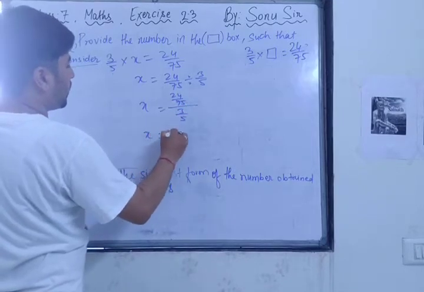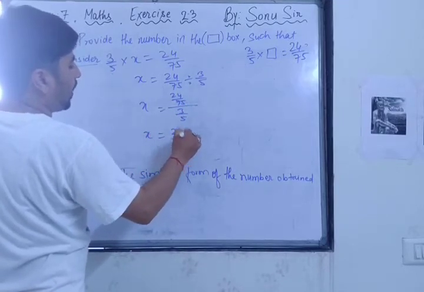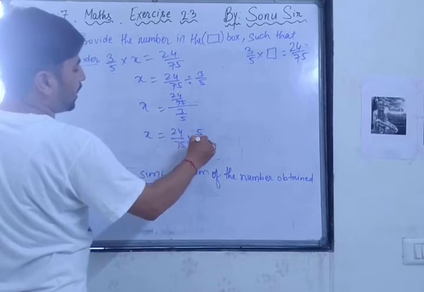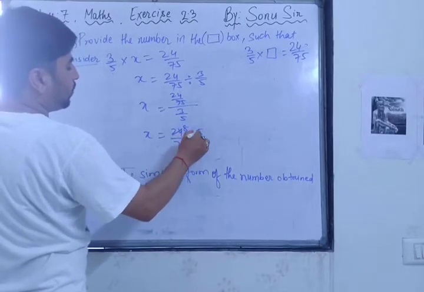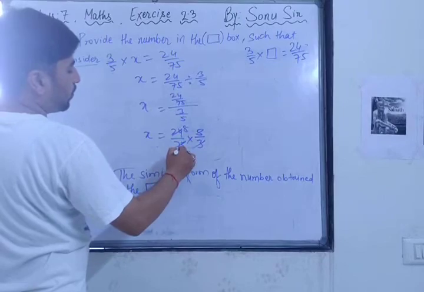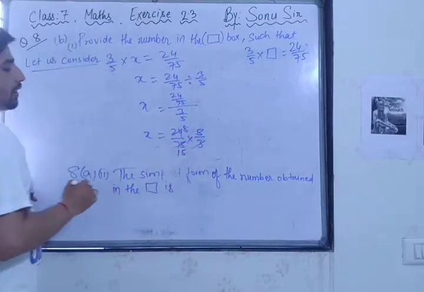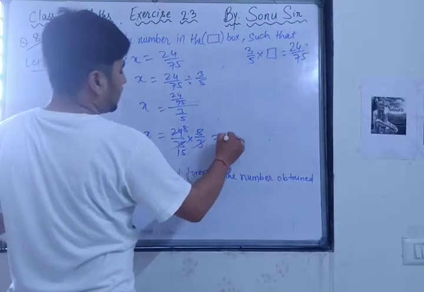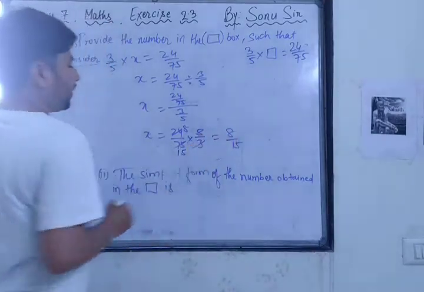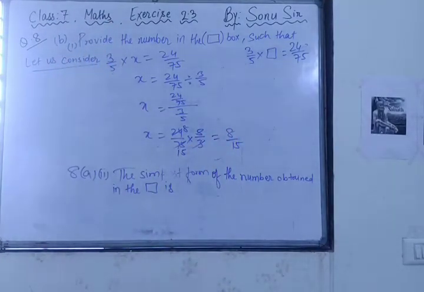This 5 will go up and 3 will come down. 3 8s are 24, and 5 15s are 75. So you have seen the number is 8 by 15. Right? What is the number? The number is 8 by 15.